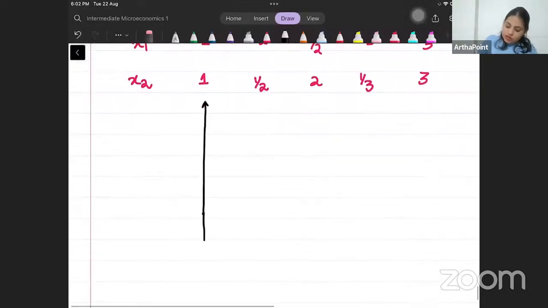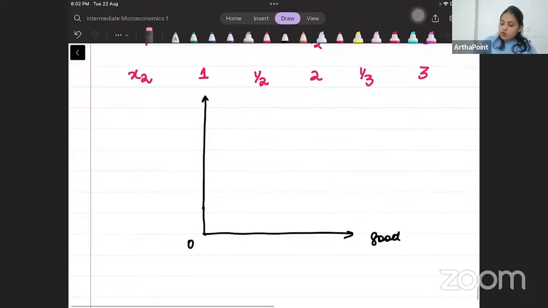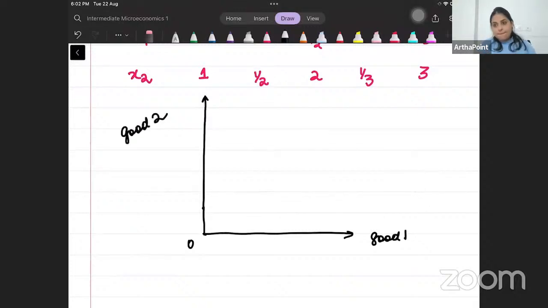if I were to plot this, this is good x, good 1 ले लेते हैं actually, क्योंकि 1 2 के terms में दिया है, and this is good 2. Beta, this is 1 and this is 1. This point should lie on my indifference curve.